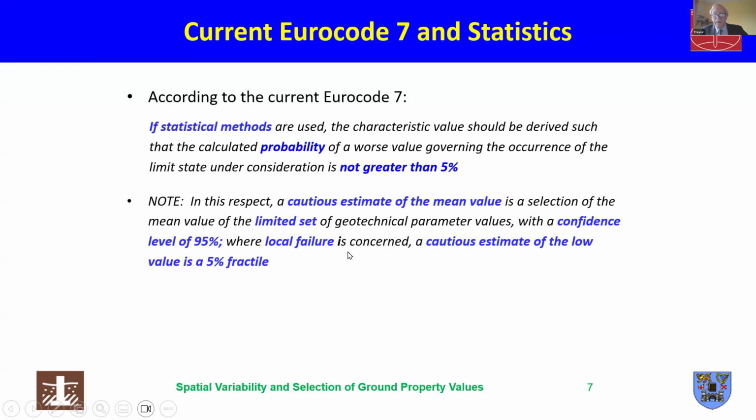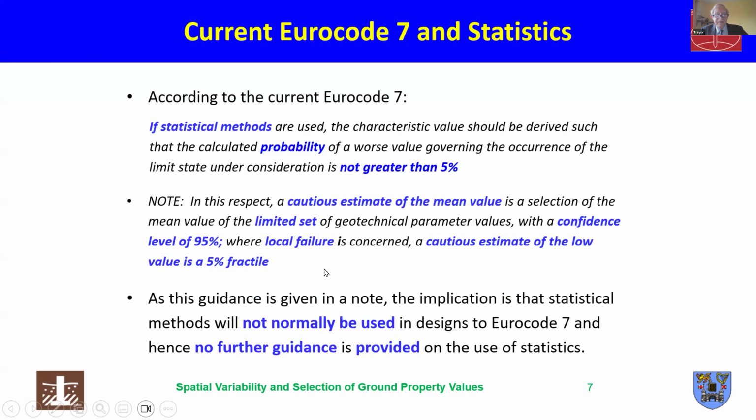And then where a local failure is concerned, a cautious estimate of the low value is a 5% fractile. Now, as this is guidance in the Eurocode 7, and it's given in a note, the implication is that statistical methods will not normally be used in designs to Eurocode 7, and hence no further guidance is provided on the use of statistics.